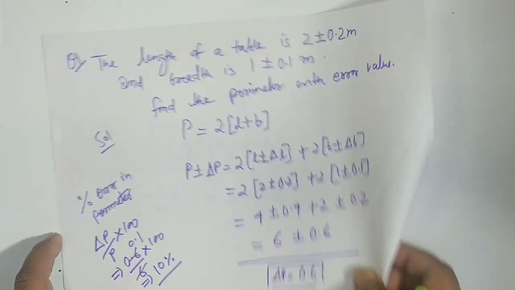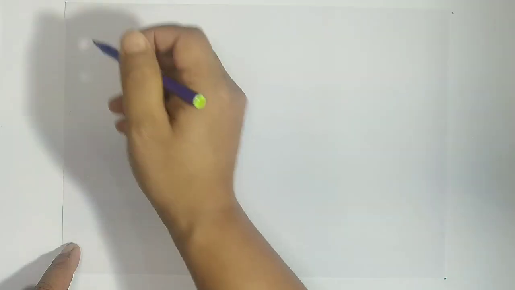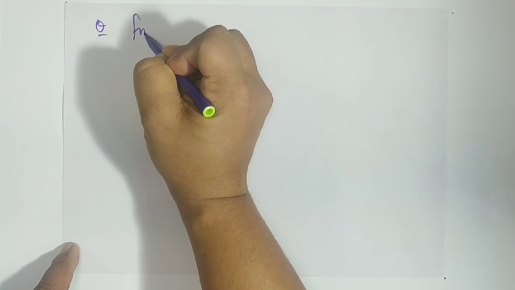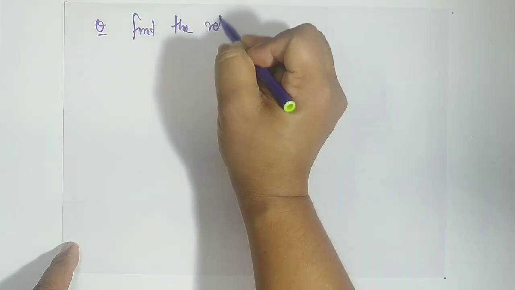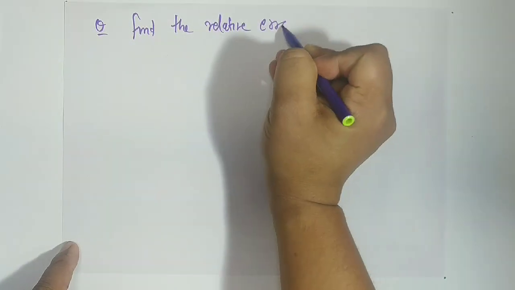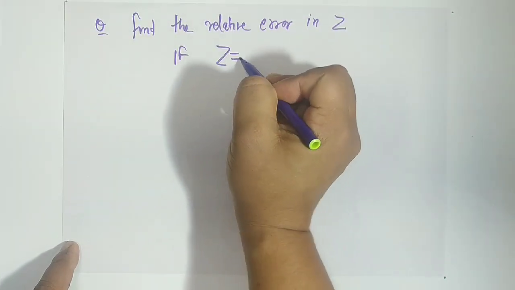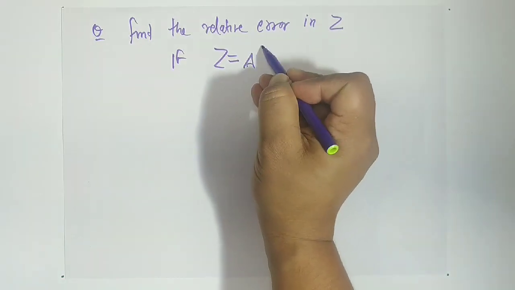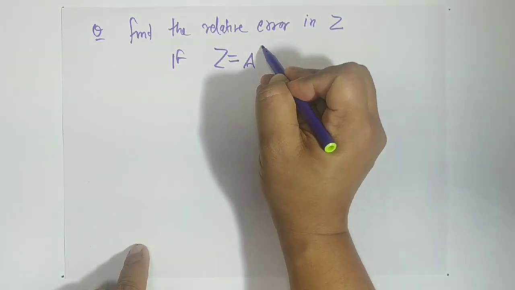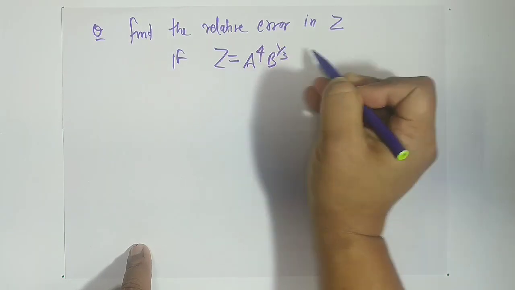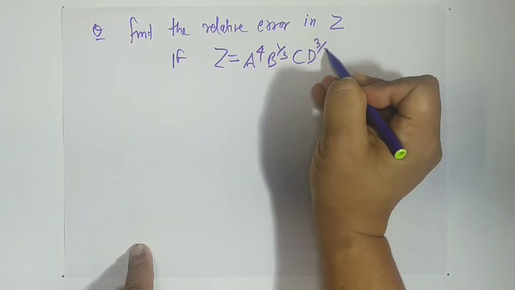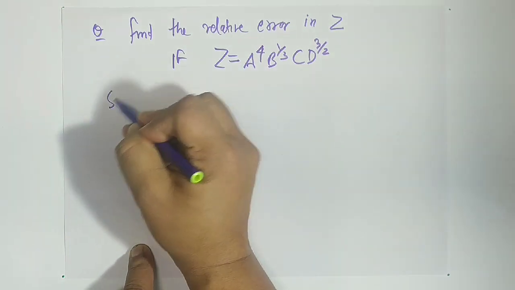Now I will give you another example. Find the relative error in Z if Z is equal to a to the power 4, b to the power 1 by 3, c, d to the power 3 by 2. Then how do you write relative error?